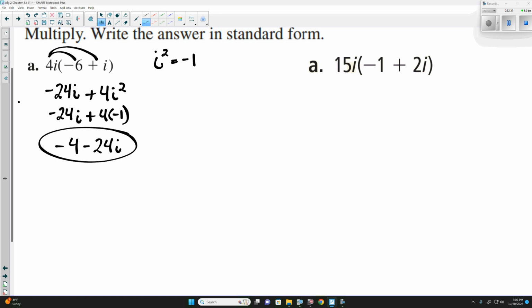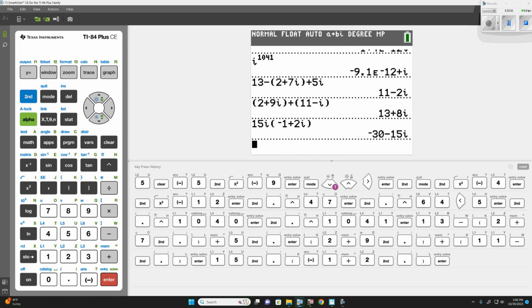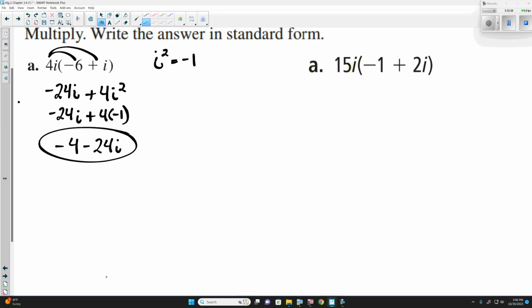And that's it. Question on this here? Now we could do the same thing with 15i times negative 1 plus 2i. 15i, parentheses, negative 1 plus 2i is negative 30 minus 15i.